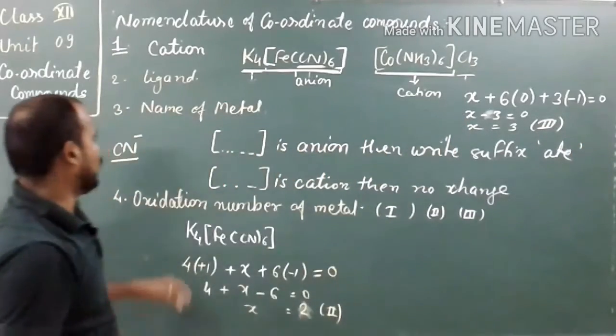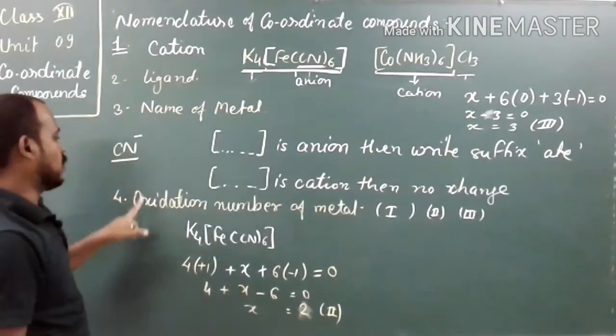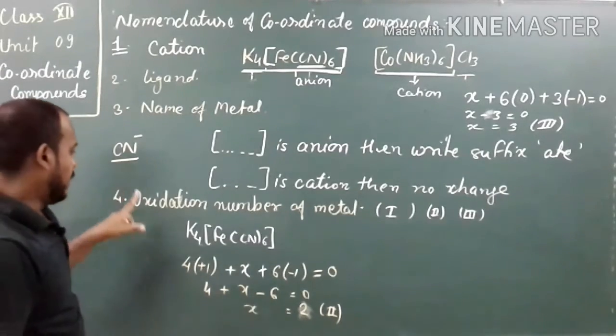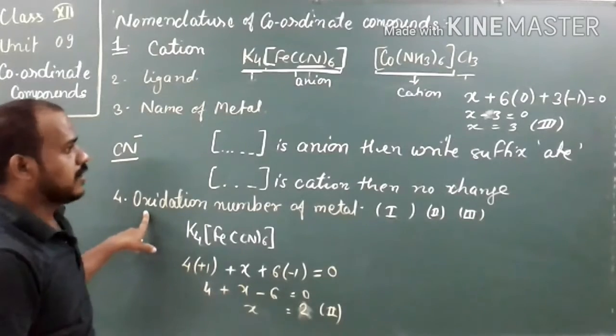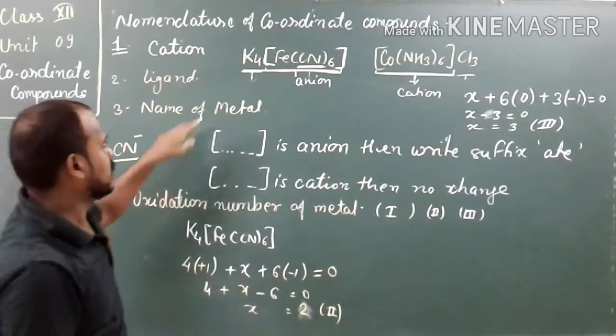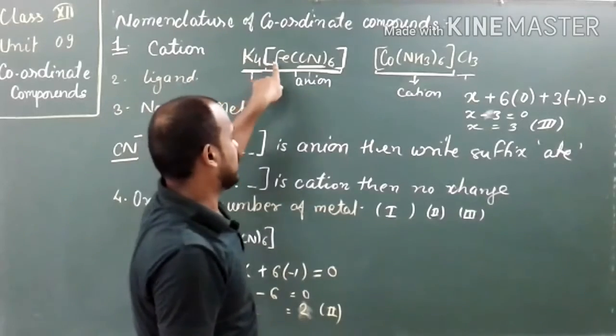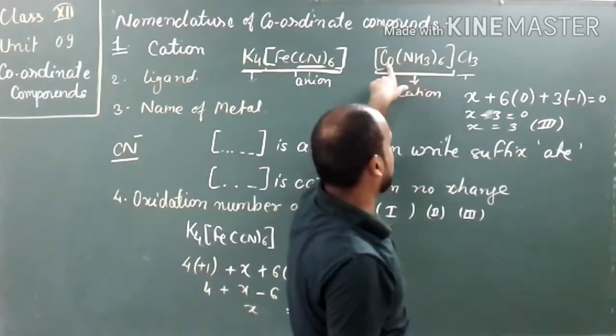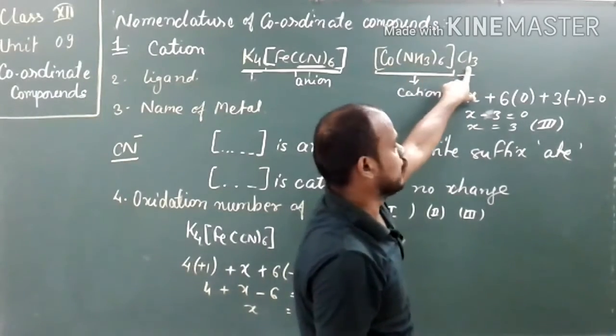So after the name of the metal, we will write the oxidation number of that metal, and after the oxidation number of that metal, we will write the name of the anion, here potassium, then its name, here hexaamine cobalt 3rd chloride.